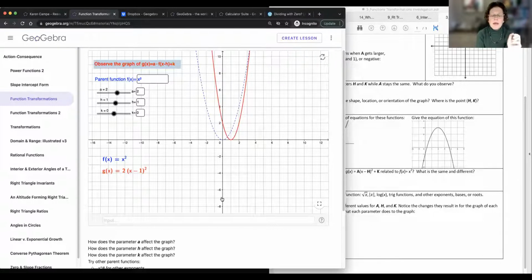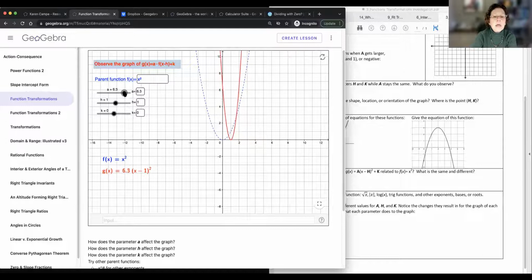What I mean by that is that with vertical stretch and shrink, as A gets bigger, we get a vertical stretch, and as A gets between 0 and 1, we get a vertical shrink. And the B values work in the opposite order. So I found my students get very confused with that. So that's why this particular function transformations activity is only with A, H, and K.